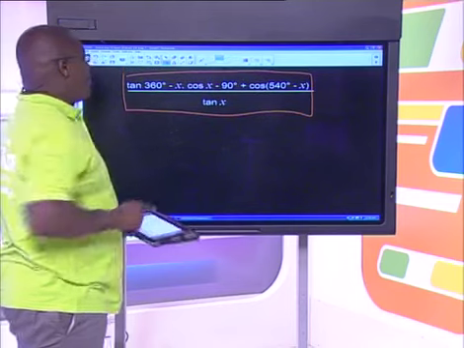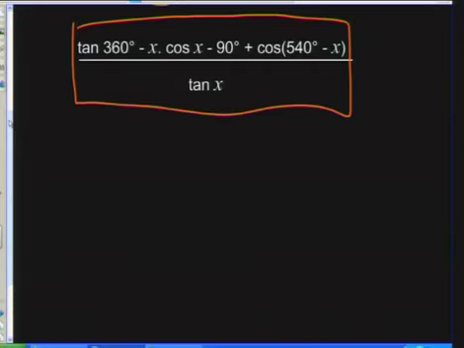We've got tan(360 minus x), right? I think there was just a glitch here because there's supposed to be brackets over there.